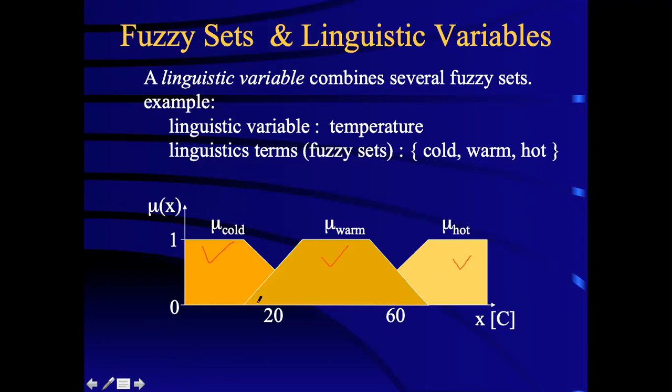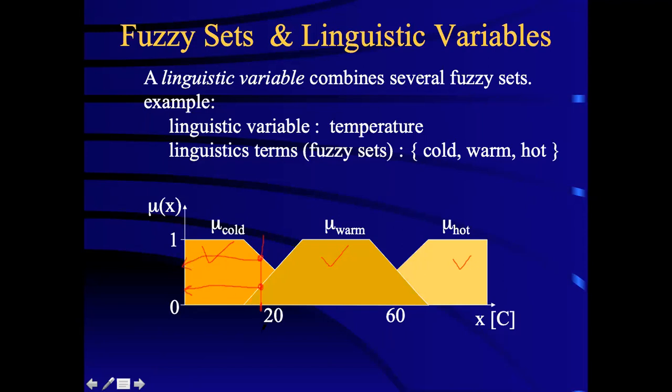So let's say if the present temperature is 18, so you'll have a point somewhere here, and I can draw a line here, okay, and this cuts the warm membership function at this point and cold membership function at this point, and then from here you can find the membership value for both the cold temperature and for the warm temperature.